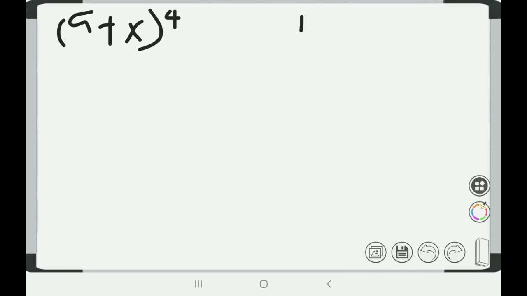So we start with 1, and then we had 1 also.